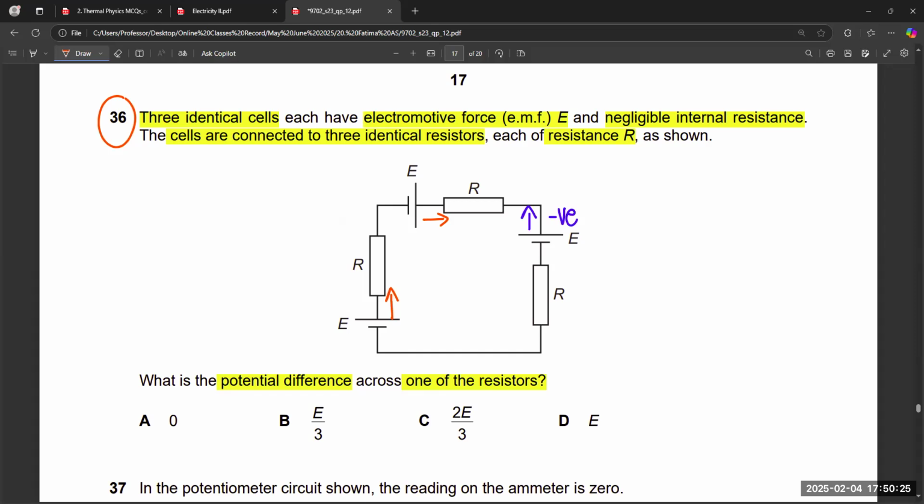So it means that again we will get the same type of equation: E plus E minus E, because only one source is opposite, the other two are the same, equals 3 times the V.